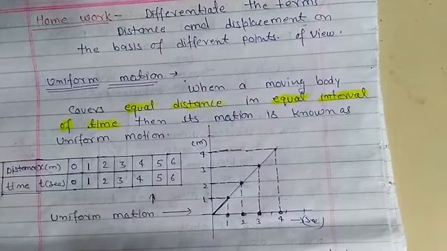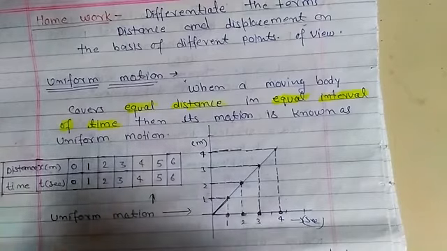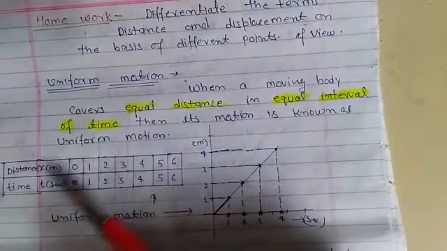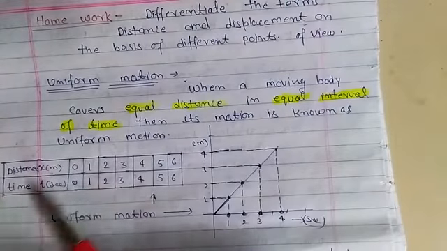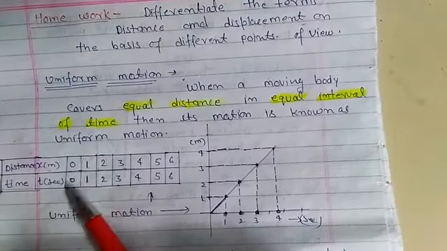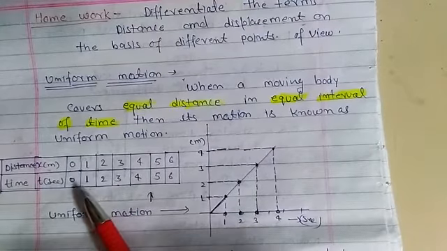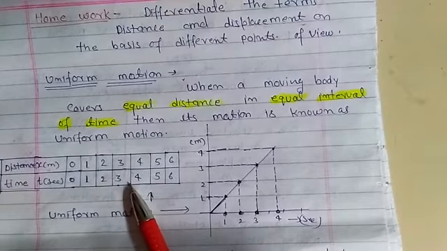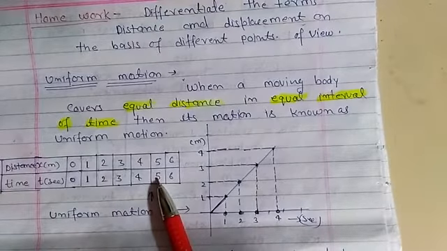First, we can decide clearly from this data the interval of time. It means 2 minus 1 is 1 second, 3 minus 2 is 1 second, 4 minus 3 is 1 second, 5 minus 4 is 1 second, 6 minus 5 is 1 second.